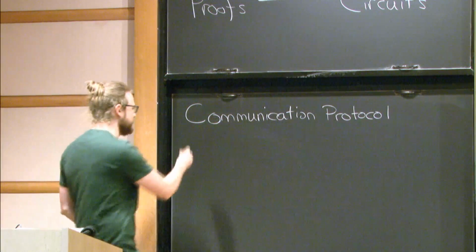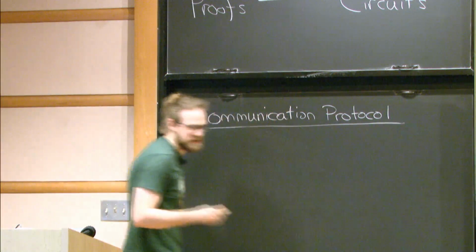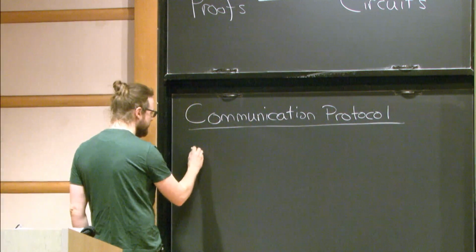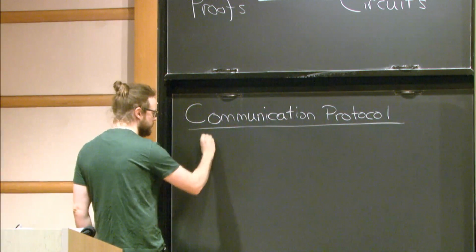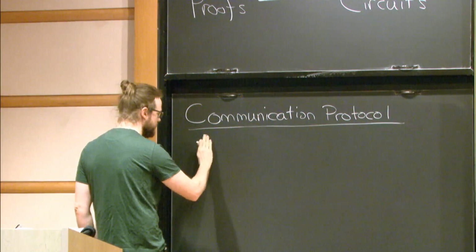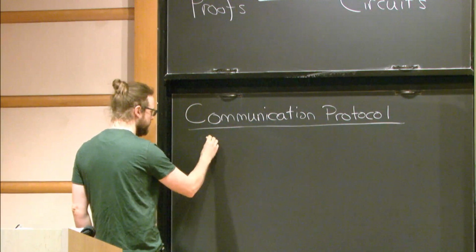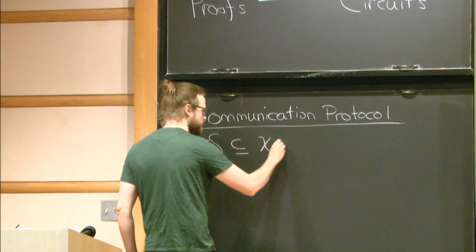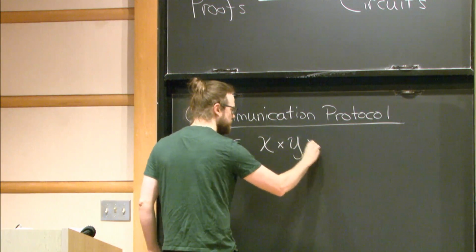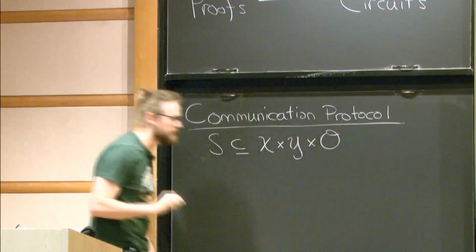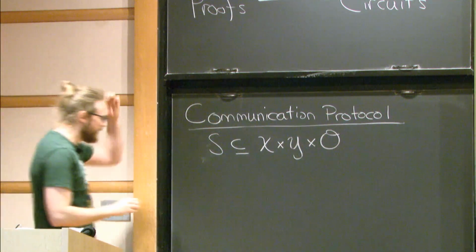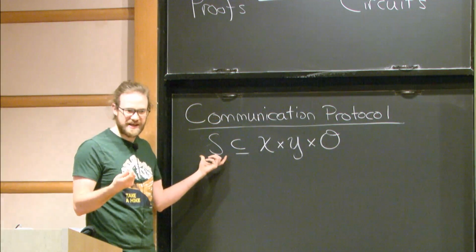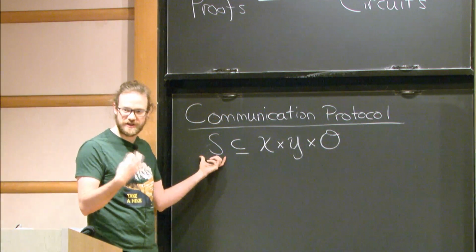It's a basic computational model that goes back to Yao in the 70s. So the basic setup is the following. We have some task. For our purposes, it'll be useful to think of it as a relation on 3 parts. And we'll think of this relation as being a task that's going to be solved in a distributed environment.